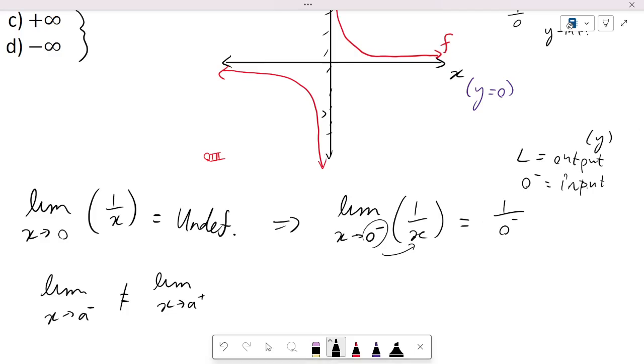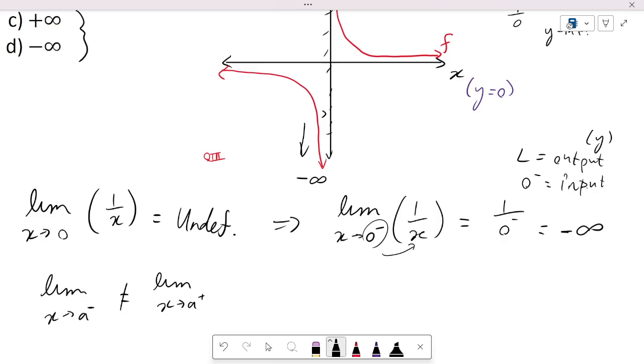When we're looking at our y, we're looking either up or down. In this case, we're looking down because we can clearly see that the function is going downwards. It's going all the way to negative infinity. It's infinitely going down in the y as x approaches from the left-hand side. So that is why we say this value is equal to negative infinity.